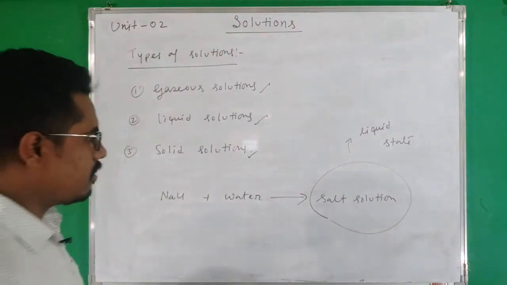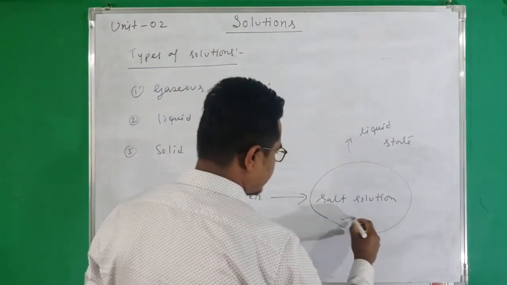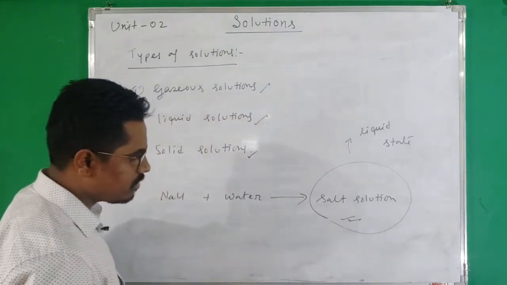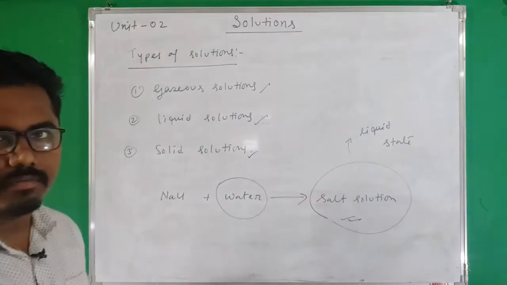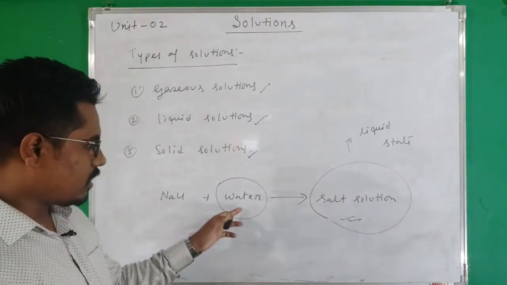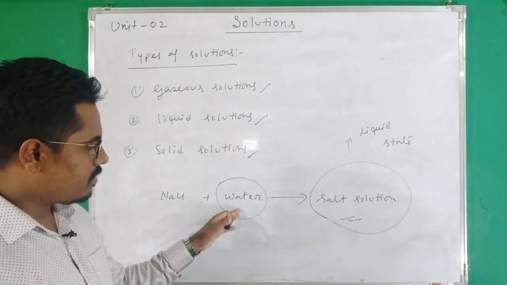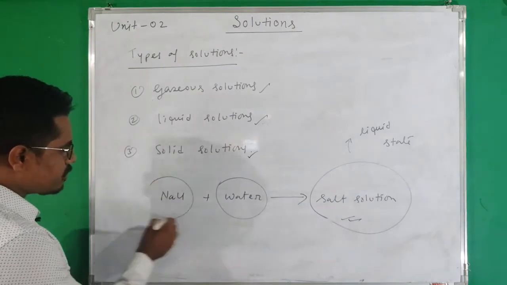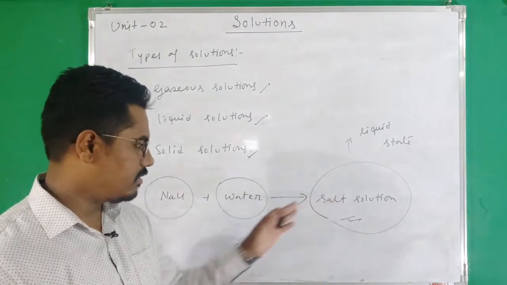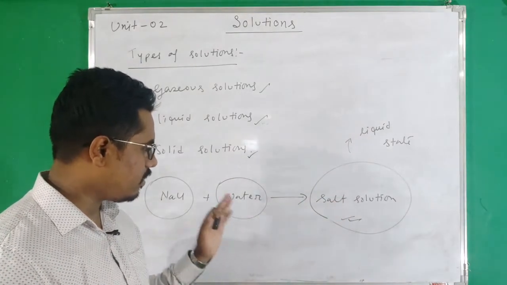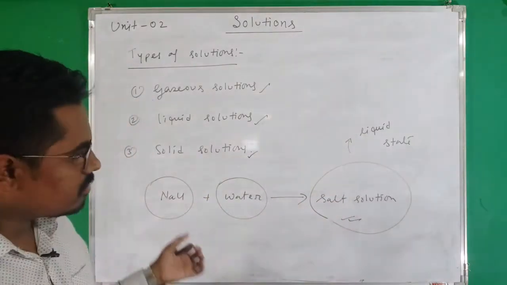So the physical state of the solution is determined by the physical state of the solvent, because water is present in liquid state and sodium chloride is present in solid state. The physical state of the solution is determined by the physical state of the solvent, not by the solute.